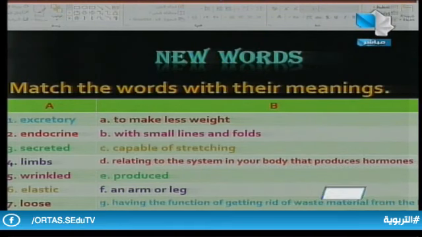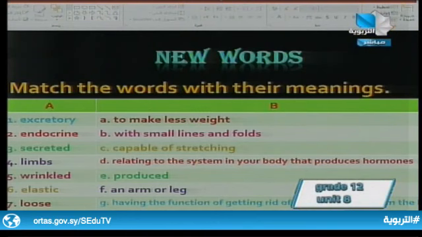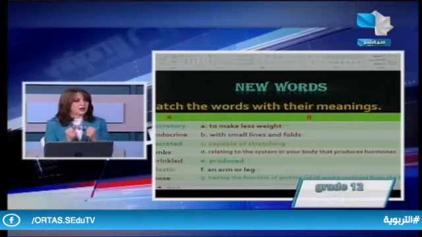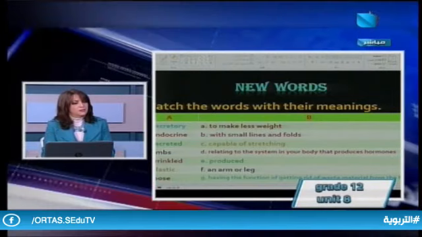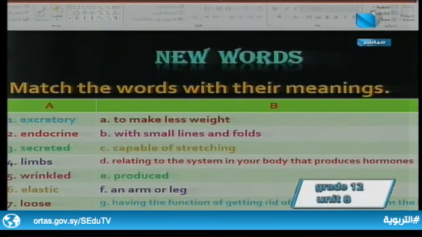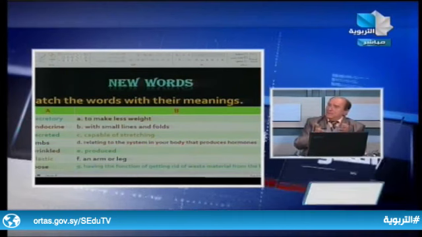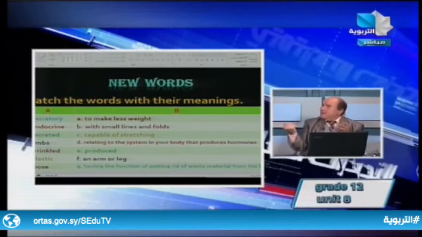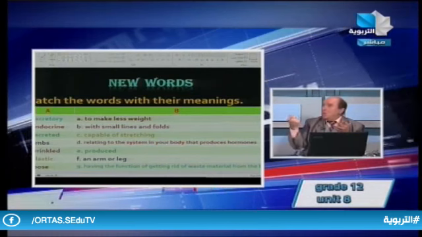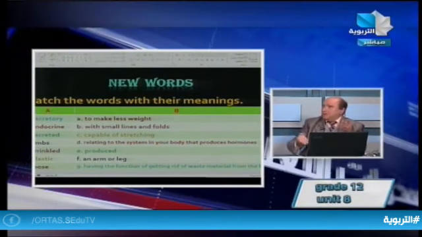Good. What about number 7? Number 7, which is loose. Loose means to be less tight. Not tight, but here it means to become weaker, or less flexible.